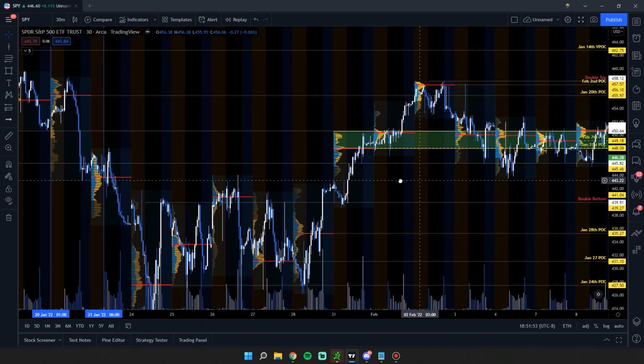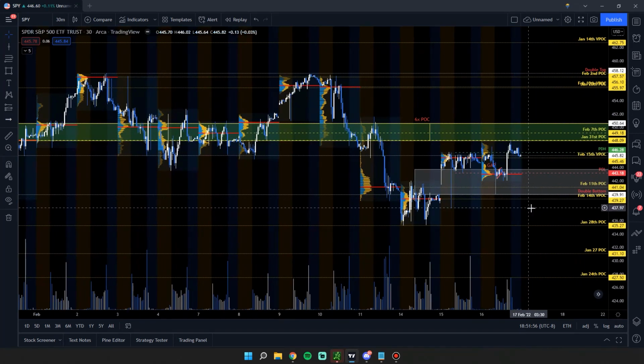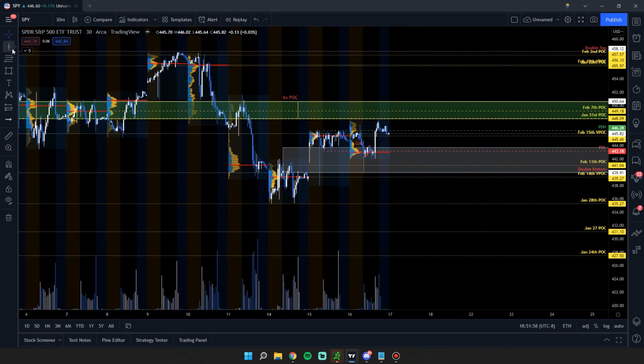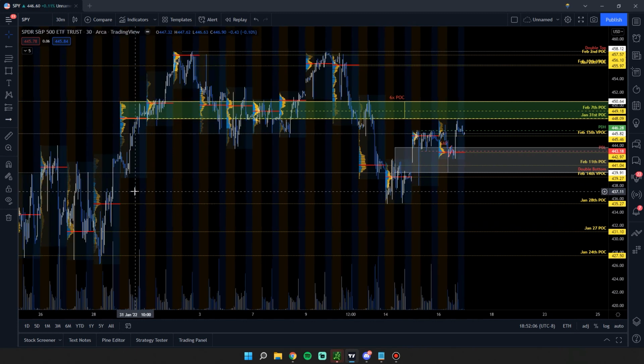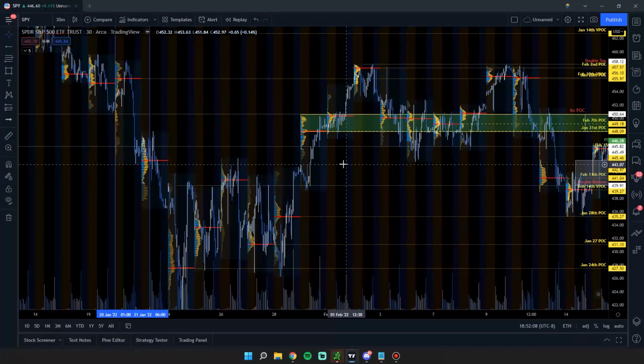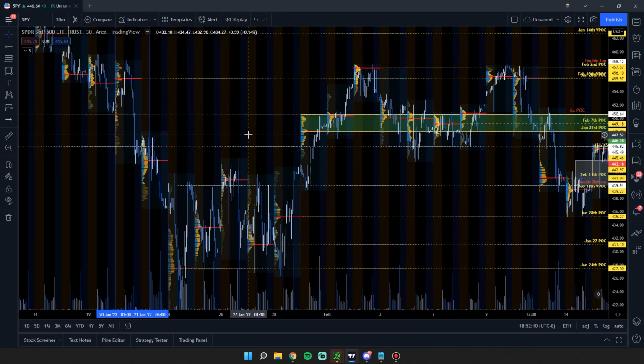So right now on SPY, I already know I have to come over here and put a POC for today's trading day because I didn't do it yet today. I actually purposely left it so I could show you guys. And then I would normally label it with the date and put Virgin point of control. So hopefully right now everybody has a good understanding of what a POC is, a Virgin POC and a POC.